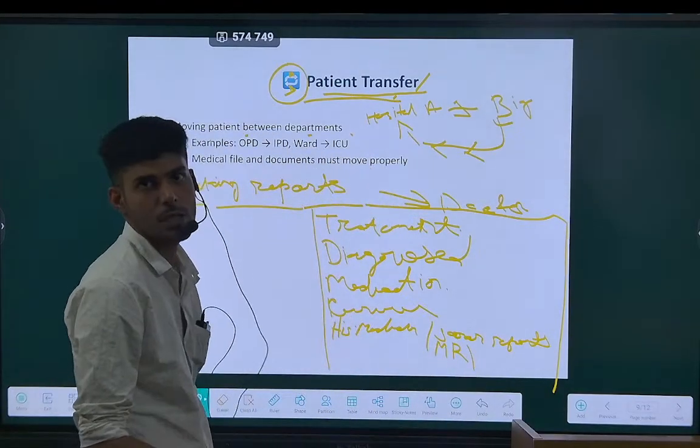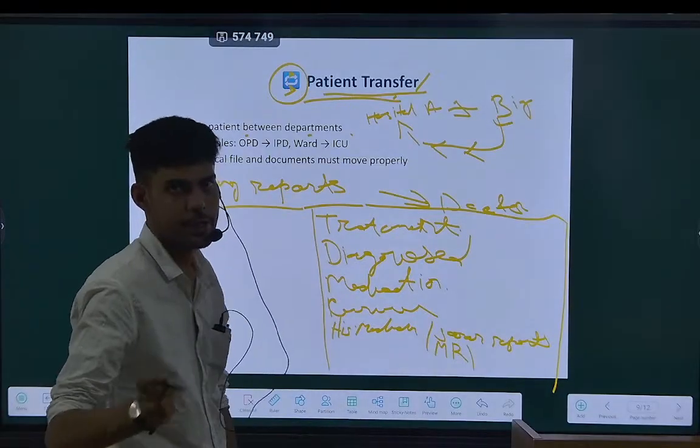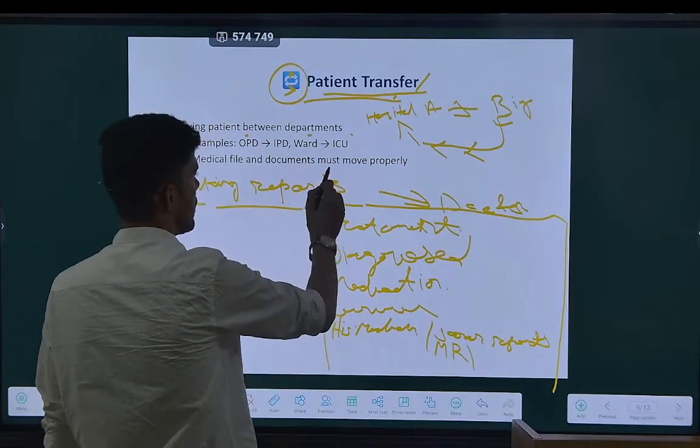All those things need to be documented very correctly.